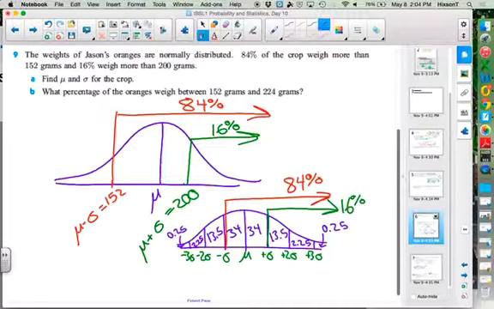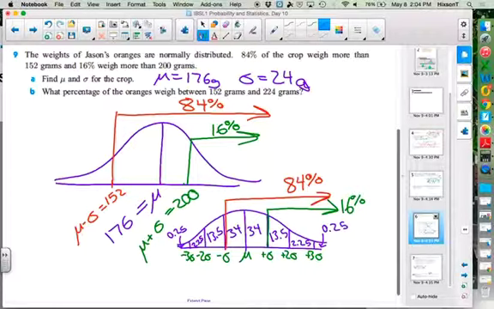So what does that end up equaling? 176. So 176 grams is the mean, and that means the standard deviation has to be 24. So mean is 176 grams, standard deviation is 24 grams.